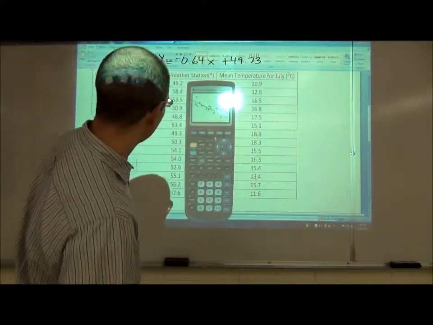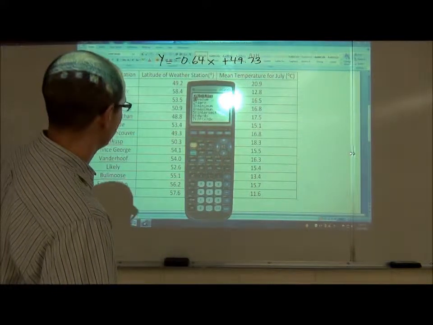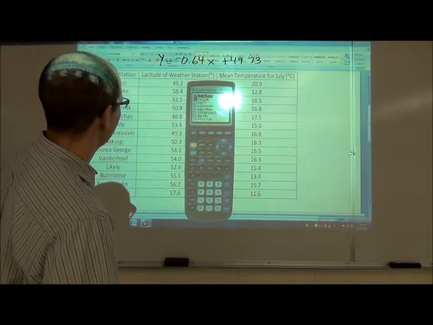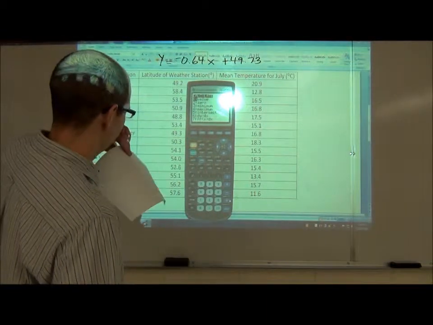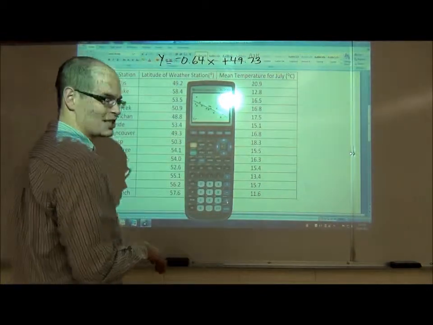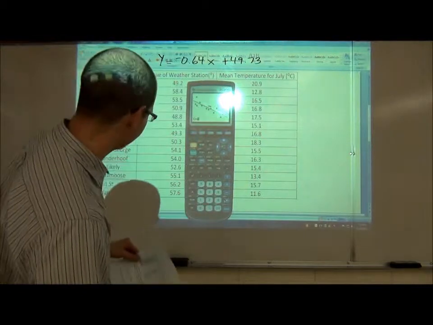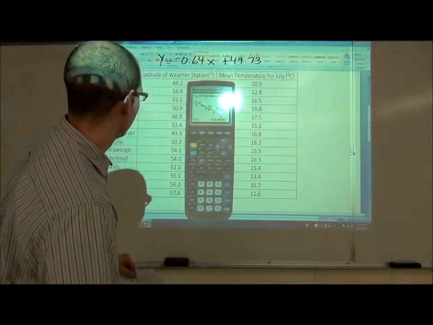No problem, go to your calculator, go to trace. So go second trace again, which is calculate. And go to value, number 1, the first one on the list. Hit enter. You can input an x value and the calculator will tell you the y value that goes with it. So I'm going to put 52 in here. And there we go.